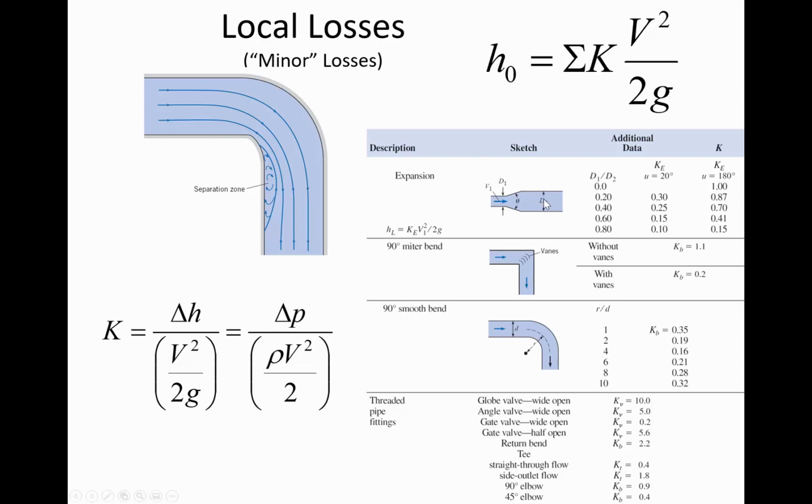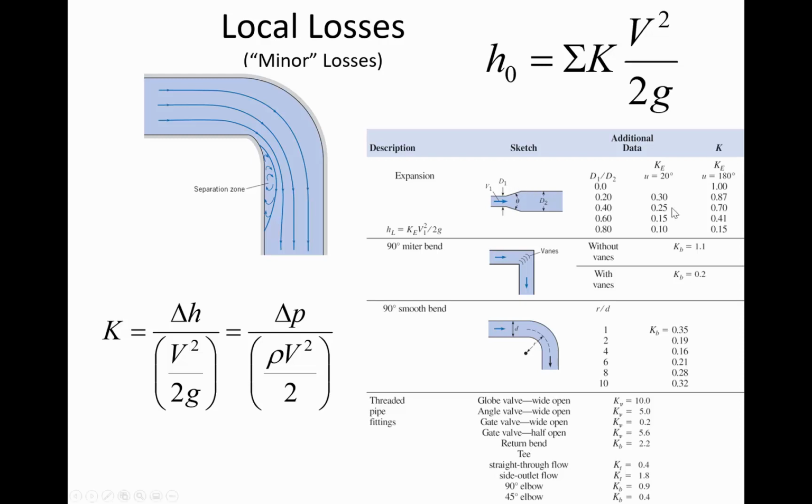And so the closer together that those two are, so you notice this D1 divided by D2 ratio of 0.8, that's saying that the inlet diameter is 80% of the diameter of the outlet. So there isn't much of a change in diameter, so the velocity isn't experiencing much of a change either. And so the K value is much smaller, meaning that there's less of an energy loss than if you have a more dramatic increase in diameter.